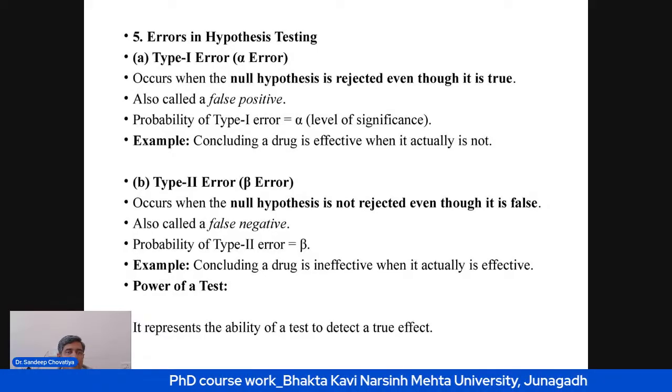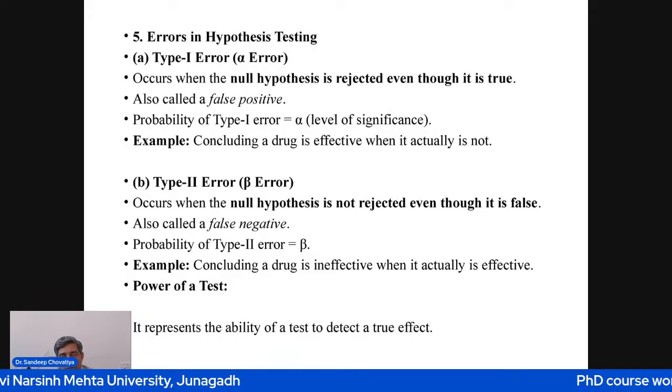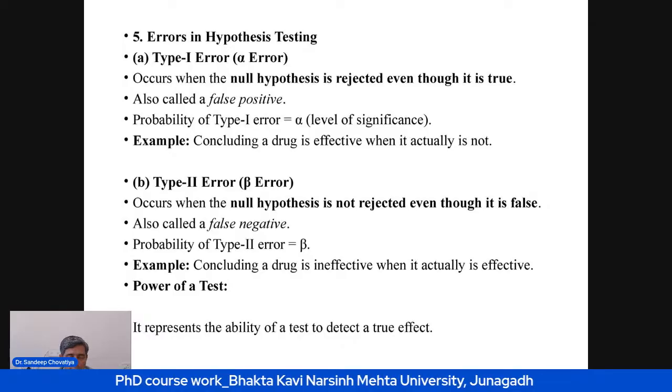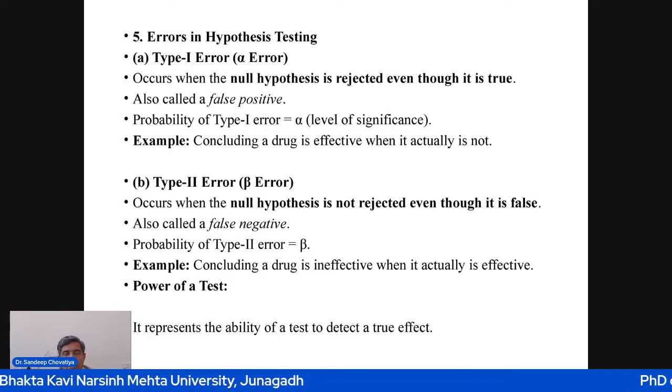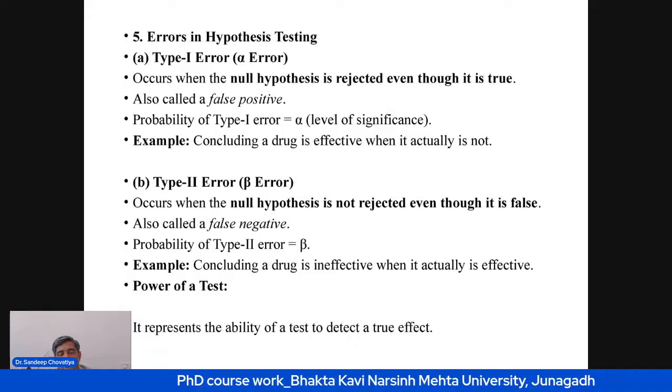Type 2 error, which is known as a beta error, occurs when the null hypothesis is not rejected when it is false. Actually, it is known as a false negative. The probability of the type 2 error is known as beta. An example is concluding the drug is ineffective when it is actually effective, which is known as a type 2 error.